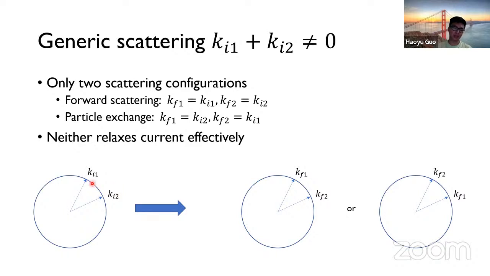Combined with the fact that the energy and momentum should be conserved, you could look at what kind of solutions you get for this momentum conservation on the Fermi surface, and you find that there are only two solutions for this generic case. Either it's a totally forward scattering, where the momenta don't change at all, or you just switch the two particles. But either way, that kind of process doesn't relax the current at all for the Fermi surface.